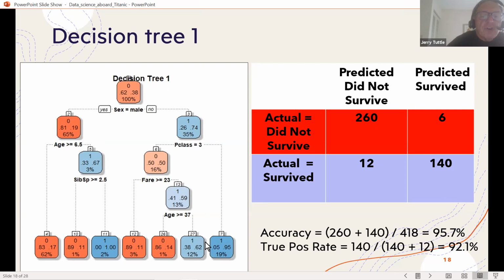The majority vote of that final node is the prediction. So the majority vote of this one is a 0, which means did not survive. This doesn't mean everyone in this node did not survive, but that's the majority vote. That's how the decision tree decides what to do with new data.